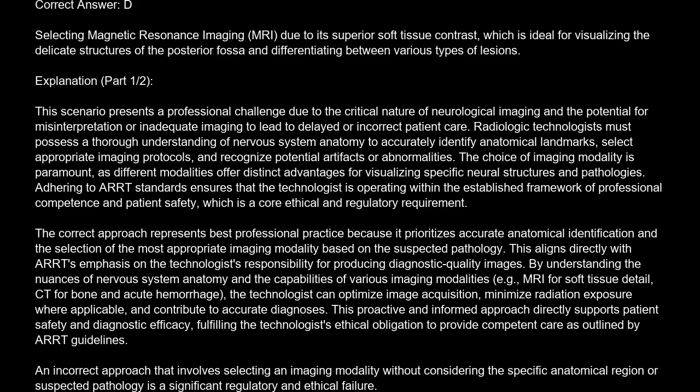By understanding the nuances of nervous system anatomy and the capabilities of various imaging modalities, e.g., MRI for soft tissue detail, CT for bone and acute hemorrhage, the technologist can optimize image acquisition, minimize radiation exposure where applicable, and contribute to accurate diagnosis. This proactive and informed approach directly supports patient safety and diagnostic efficacy, fulfilling the technologist's ethical obligation to provide competent care as outlined by ACT guidelines.